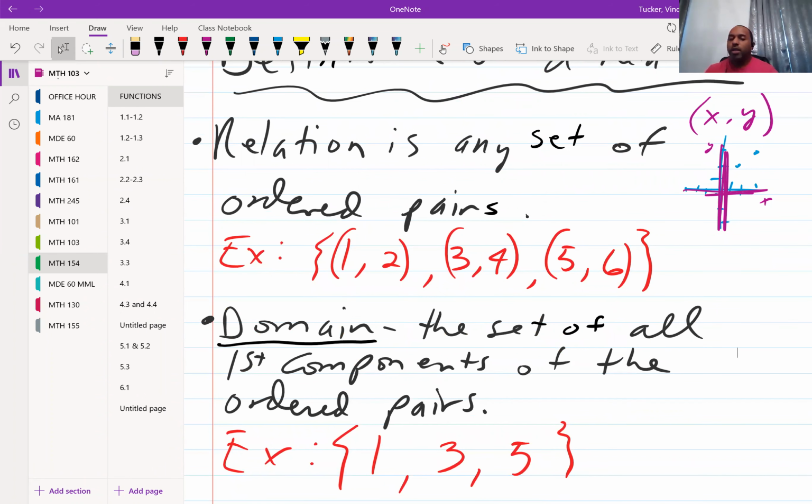The set of all your first components of the ordered pairs is your domain.